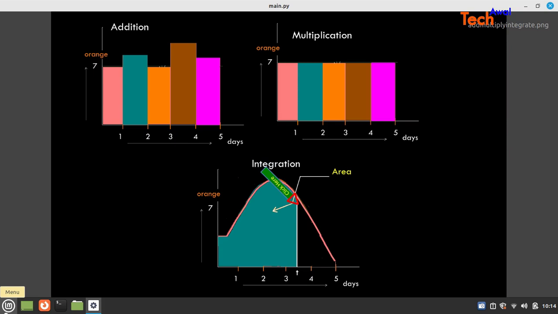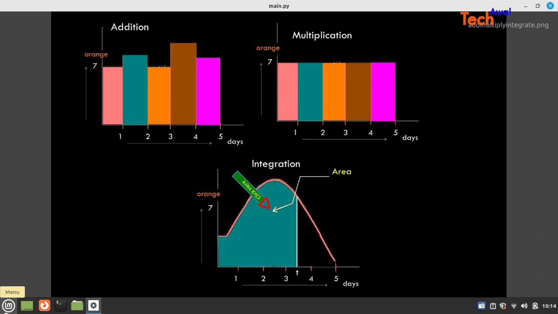In that fashion, multiplication is better addition, and integration is better multiplication. Multiplication is also an area of whatever shape we deduce, and if the shape is not smooth, we go for integration and purely go for area.